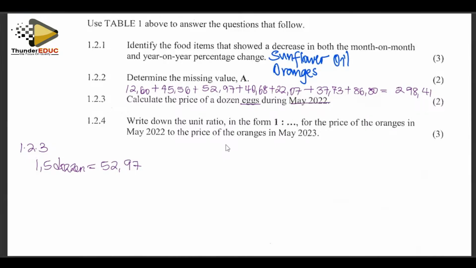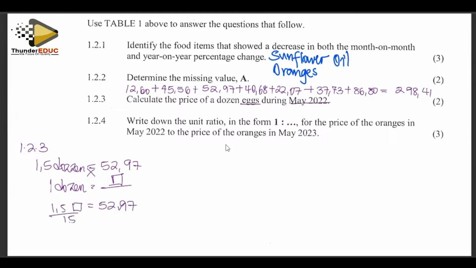Actually, half a dozen is 18. So how much would a dozen be? So what about one? This is what we are looking for. We shall cross multiply. This becomes 1.5 equals to.